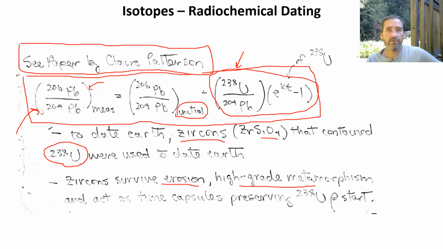They're very refractory type of material. And so they've preserved the uranium-238 at the start. So these zircons are going to give us N. We have N naught from the meteorite. The zircons are going to allow us to see how the uranium has decayed into lead and allow us to date the Earth.